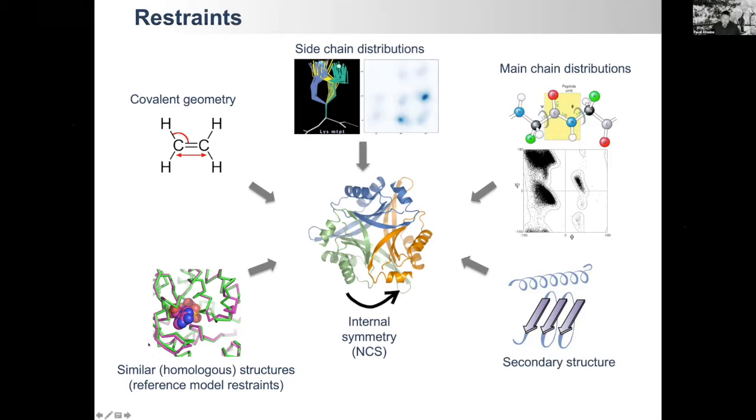And also, if you define your structure, but there's a similar structure that somebody solved already before, and that structure is of higher resolution or better quality, then you can use information from that structure to help your low resolution refinement. So there's all this extra information that goes into refinement and can help refinement.